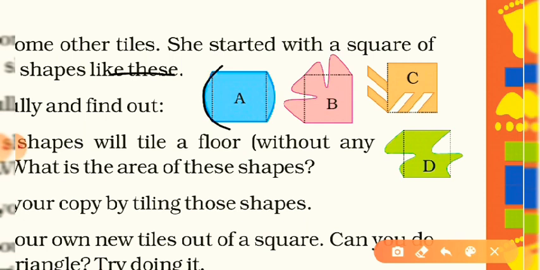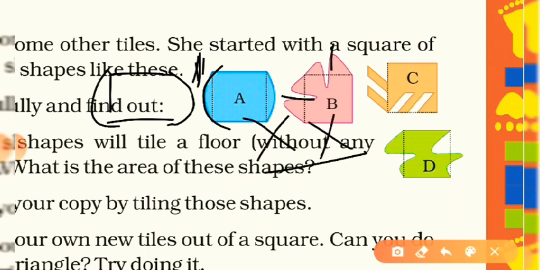If you put another tile here, that will also have a notch, so this portion will be a gap. And also in B, there are gaps, so A and B cannot be used. Now C and D, yes, you can see that C and D may be used to complete the floor because there will be no gaps.